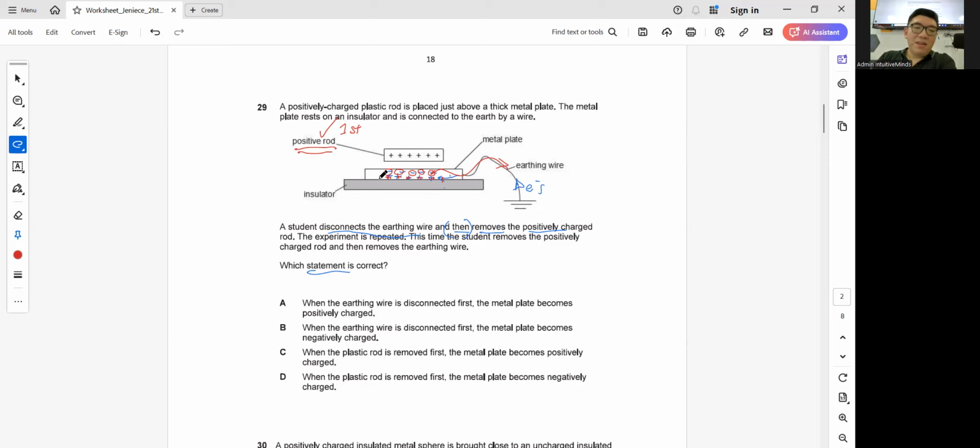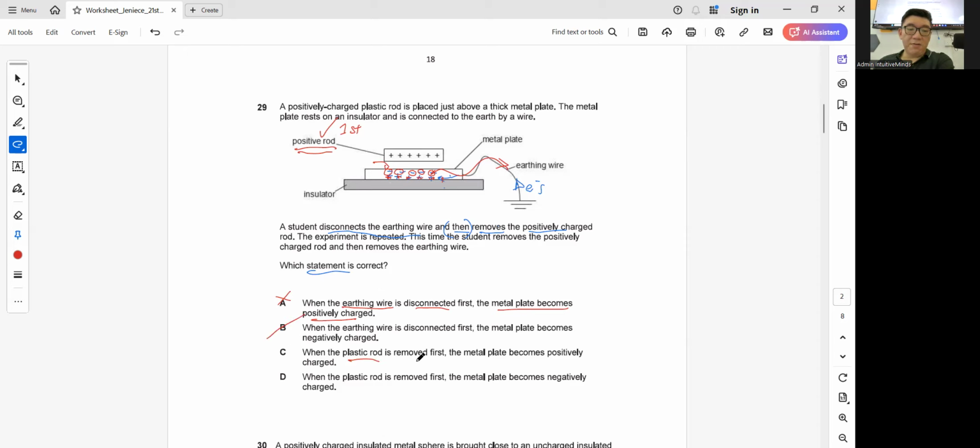They are like crazy, wild children left to do their own things, running around out the earth wire. Okay, so if you remove the earth wire first, the metal plate becomes positively charged. That's not possible. As mentioned, you will get a negative charge here. All right, so this will be correct.